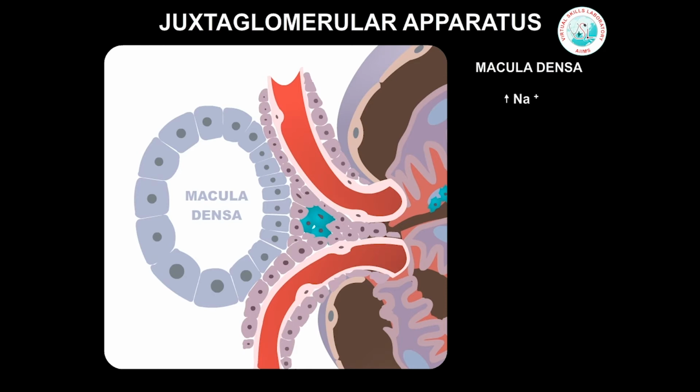If the sodium concentration is high, the cells release a paracrine vasopressor that triggers contraction of afferent arteriole, reducing the blood flow and thus GFR. They also decrease renin release by inhibiting nitric oxide synthetase, thus decreasing GFR.